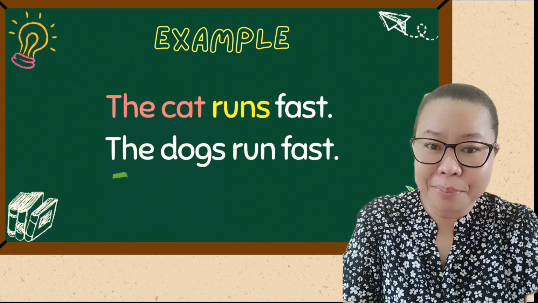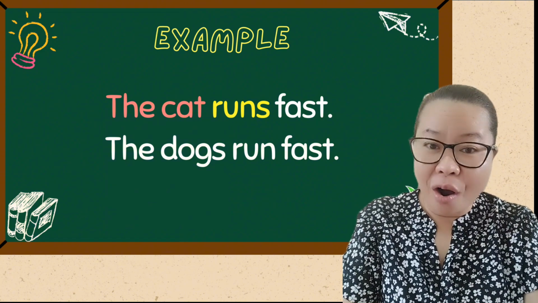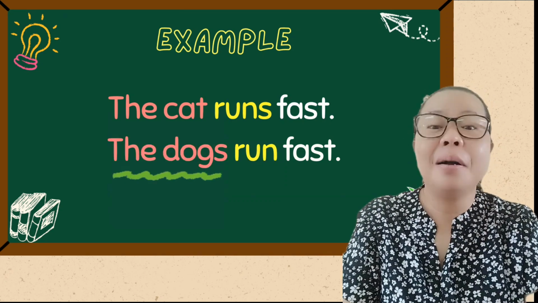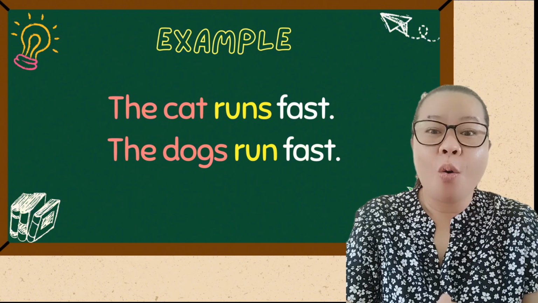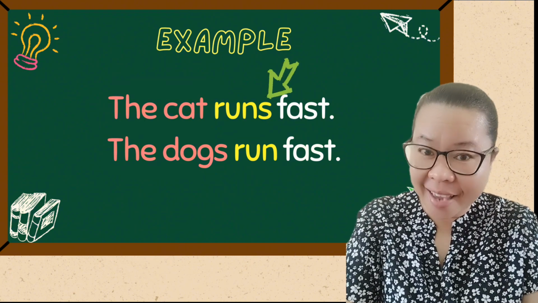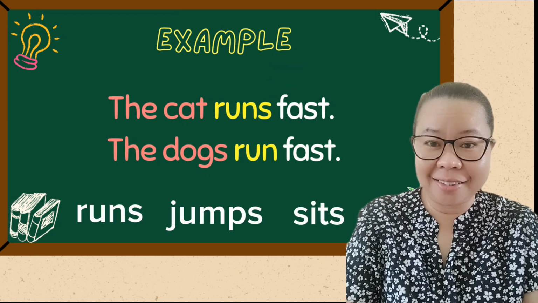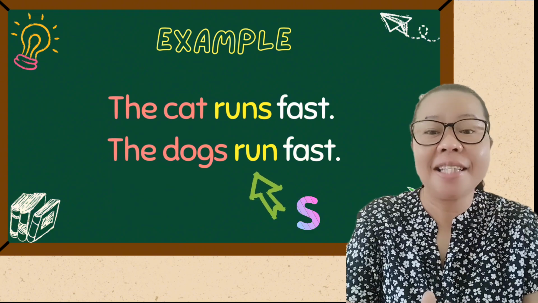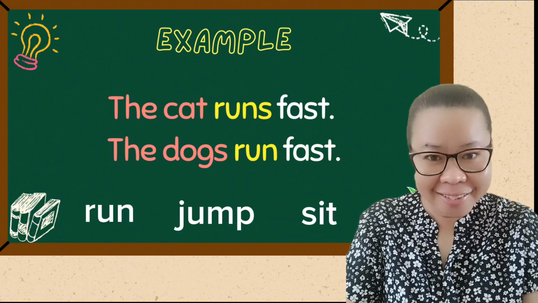If the subject is plural, like the dogs, we say, "The dogs run fast." Plural subject, plural verb. See how the verb changes? When the subject is singular, the verb usually ends in S, like runs, jumps, sits. But when the subject is plural, the verb usually doesn't have the S, like run, jump, and sit.